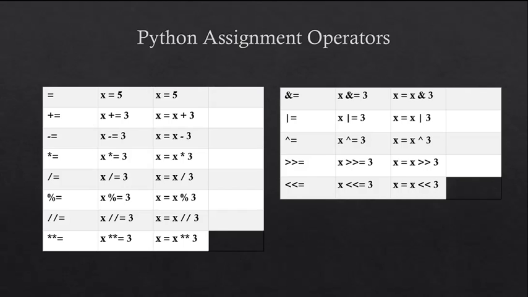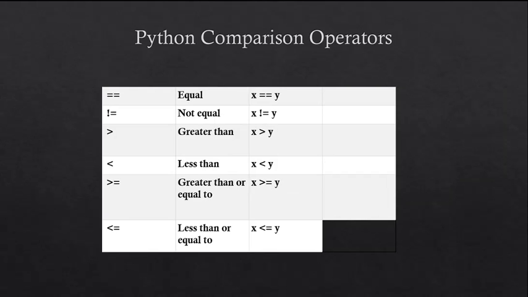We have assignment operators: equal, plus equal, minus equal, times equal, division equal, modulus equal, floor division equal, and exponent equal. And equal, or equal, these are the bitwise assignment operators.